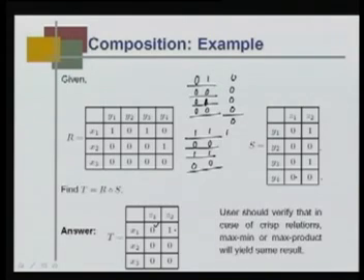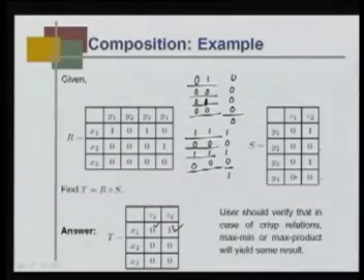This is 1, this is 0, this is 1, this is 0, and what is the maximum of all these elements, that is 1. So, that is your 1. This is called max-min composition, and you can also do max-product composition, you will get the same answer. So, you should verify that in case of crisp relation, max-min or max-product will yield the same result.